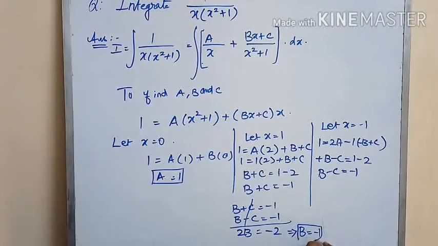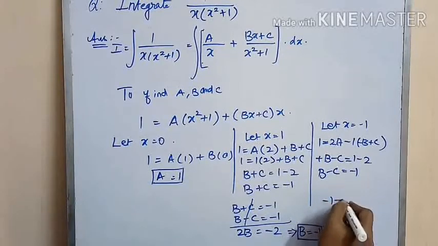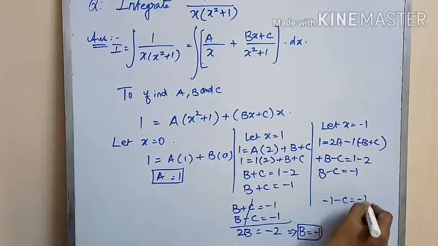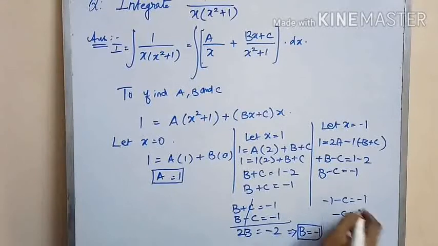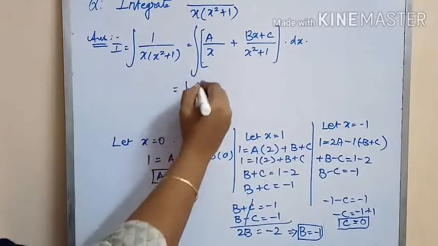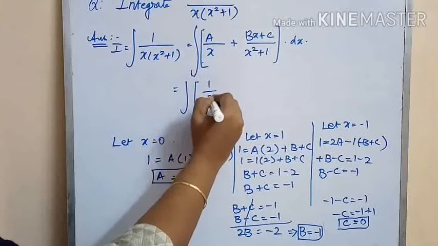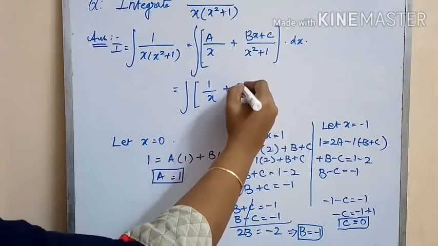Now let us substitute b is equal to minus 1 in the equation b minus c is equal to minus 1. So we get c is equal to 0. Now we have found the values of a, b and c. Let us substitute in I.